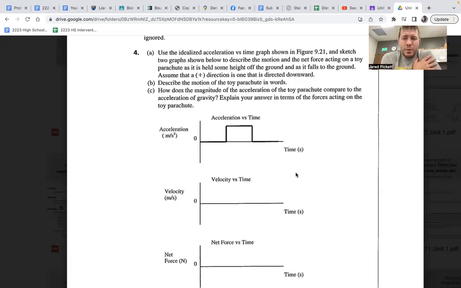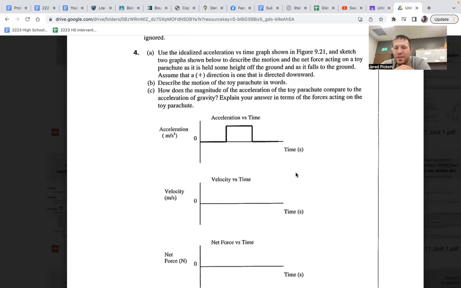Describe the motion of the toy parachute in words. So in here, looking at the information, I think this is a mistake on their part, but it looks to me like the toy parachute was falling. Oh, I think I read this incorrectly. Positive acceleration. It's going down. I think we're good here.